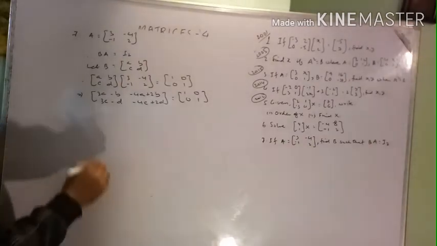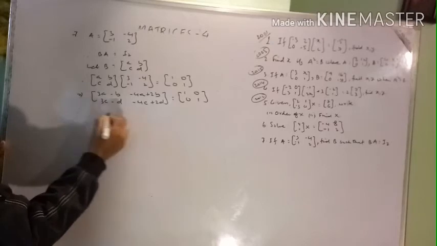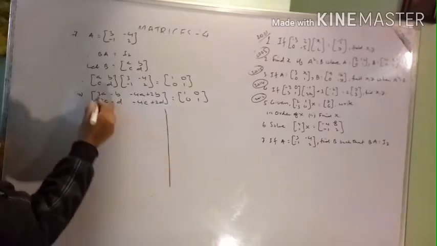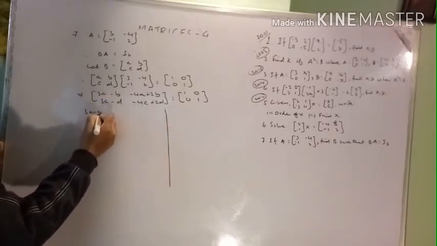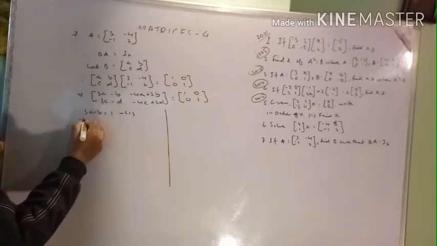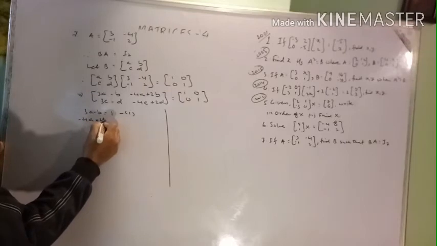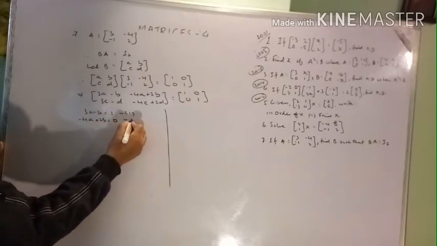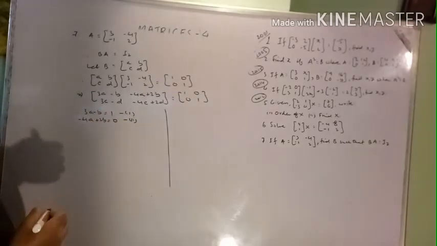Okay, so therefore now we get 4 equations here. 3A minus B is equal to 1, equation 1, -4A plus 2B is equal to 0, equation number 2.